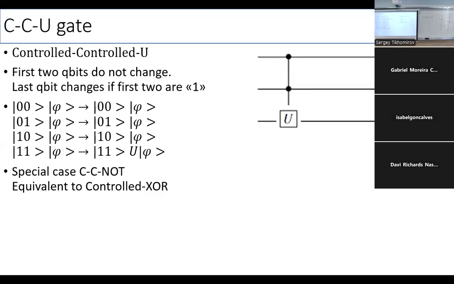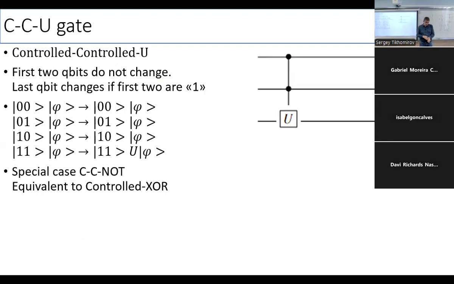So this is what controlled XOR becomes. The controlled XOR plays an important role in classical computation, and the controlled NOT operator is its quantum analog. But we need to understand how we can implement controlled NOT.